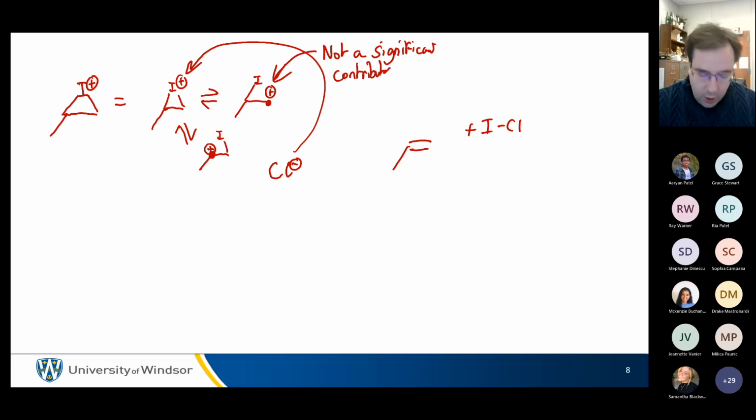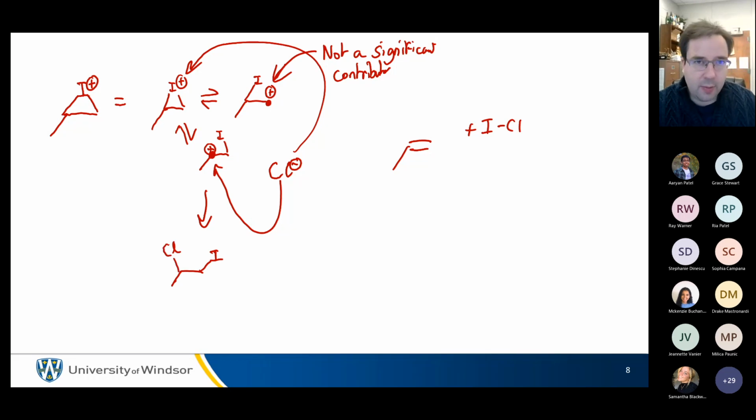So the chlorine, given the option, attacks the secondary carbon because the secondary carbocation is a fine carbocation. It's not great, but it's so much better than the primary. And my only other option is grabbing the iodine and going back to my starting materials, and that wasn't awesome because I was reactive. So this is the best of a bunch of bad options. And so that's why we attack that secondary carbon.